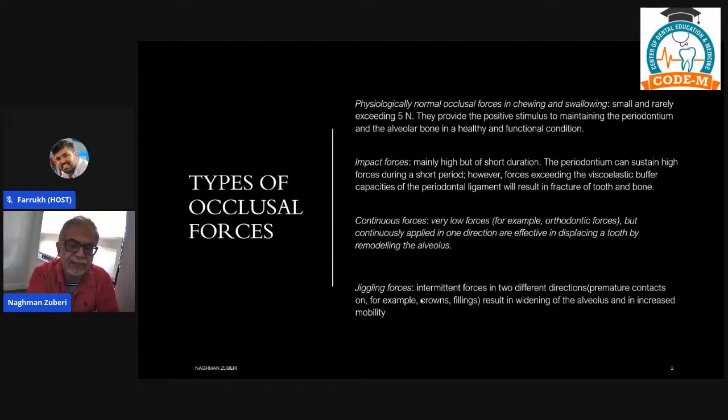Jiggling forces are the intermittent forces in two different directions because of premature contact, like some newly placed crown, filling, or maybe some prosthesis. That will result in the widening of the alveolus and in increased mobility of the tooth instantaneously.